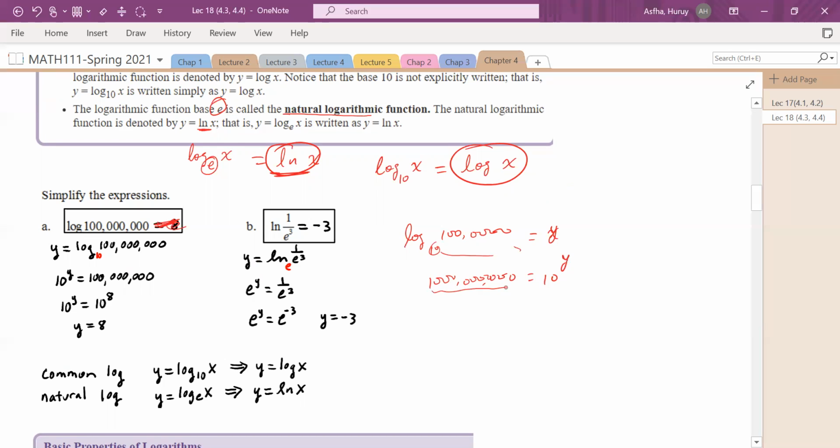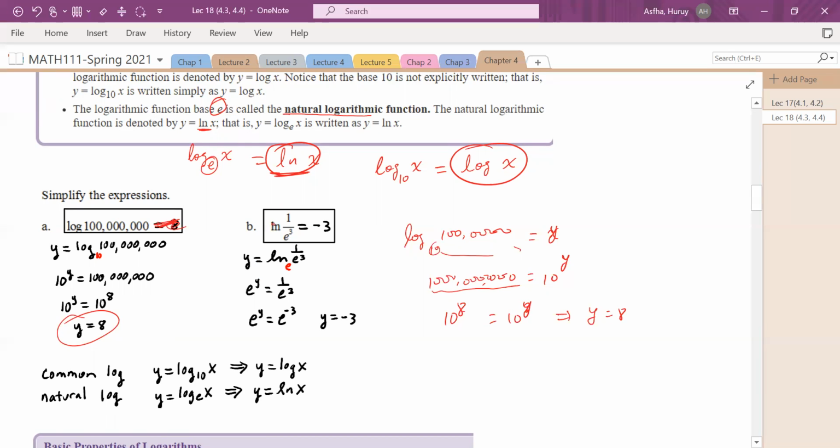Now we need to write this one in exponential form. That means 10 to the power of how many zeros do we have? There are 8 zeros. So this is 10 to the power of 8, 10 to the power of y. Therefore, this implies y is 8. And that's what we have right here.